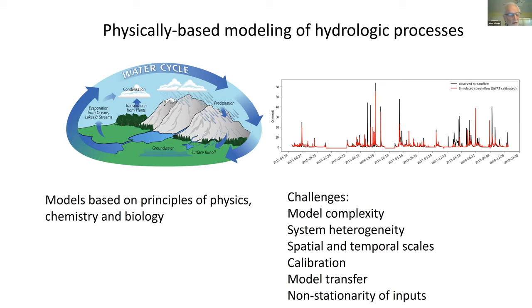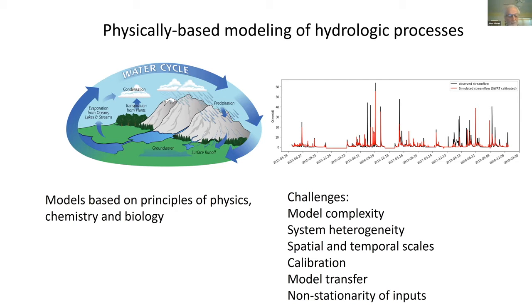In general, these models have been developed based on the principles of physics, and in many cases, the principles of chemistry and biology are also used for associated chemical and biological processes that are incorporated into the models. An example output from a complex physically based hydrologic model is shown here to the right of the diagram. It compares observed and modeled streamflow for a watershed in southeastern Minnesota.